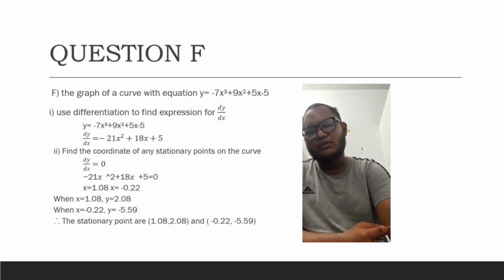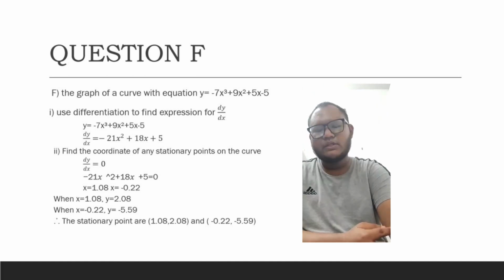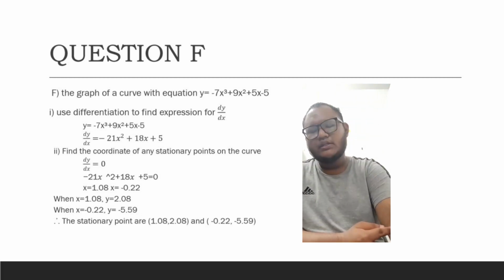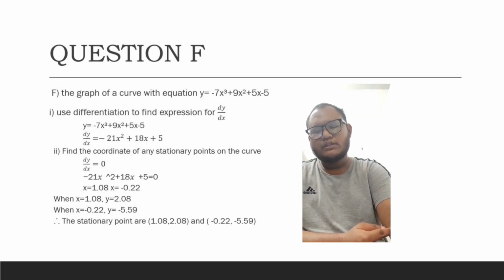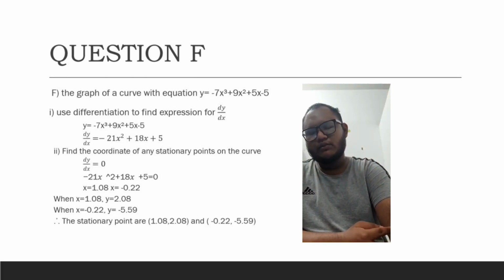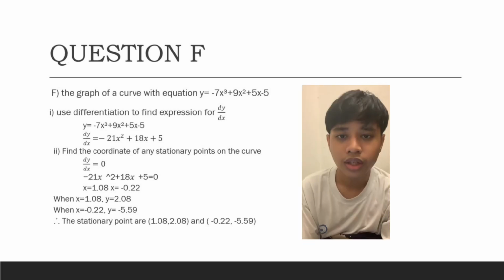First one is we wrote back the equation y equal to negative 7x power 3 plus 9x power 2 plus 5x minus 5. Then we use the dy dx formula. Then it will be equal to negative 21x power 2 plus 18x plus 5.